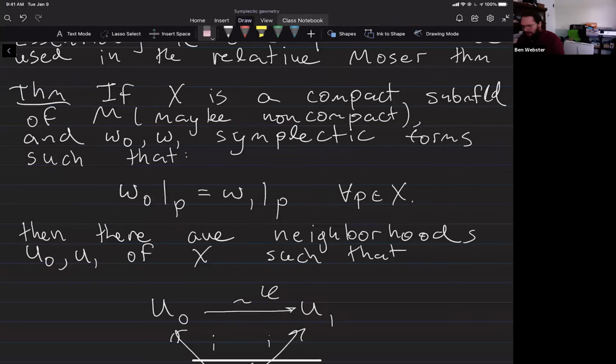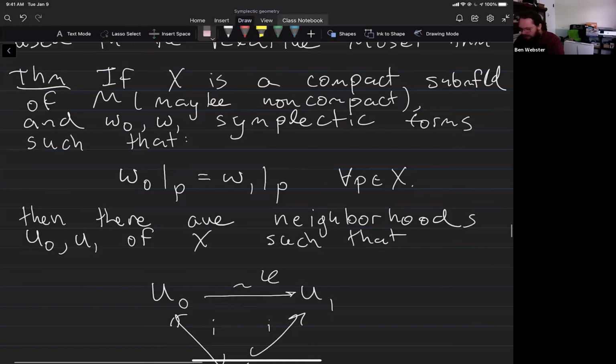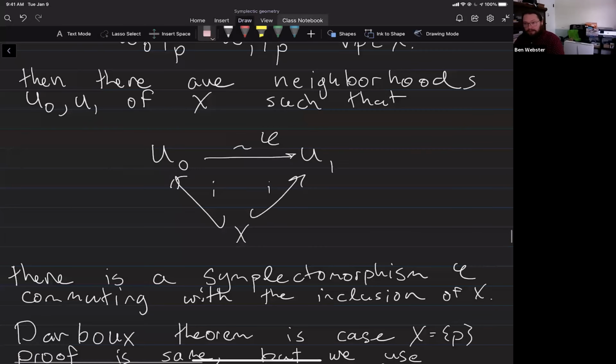So if I have any compact submanifold of a manifold M, which may or may not be compact, and I have two symplectic forms which agree pointwise on the submanifold, so they might be completely different away from the submanifold, but they're literally the same map on the tangent space on that submanifold, then actually there are neighborhoods where they're symplectomorphic. The name of this symplectomorphism is phi, and phi of omega 1 is equal to omega 0.